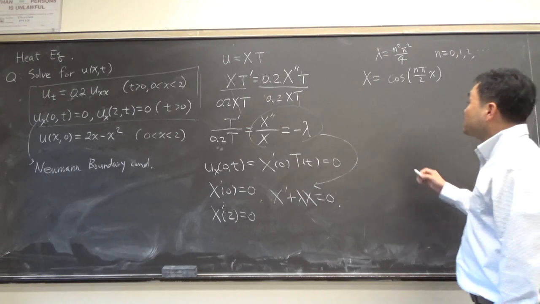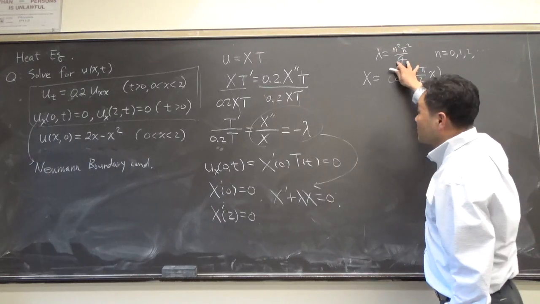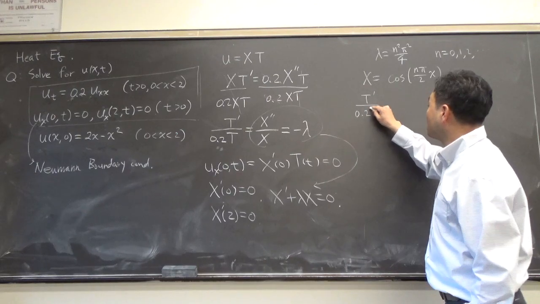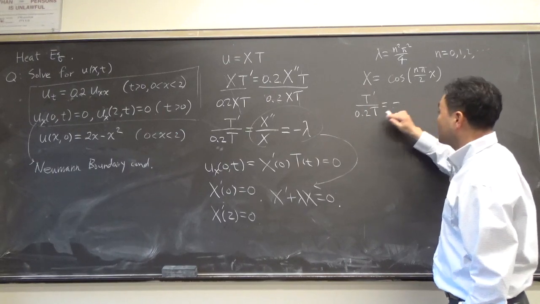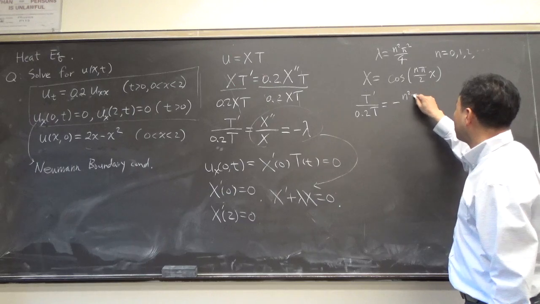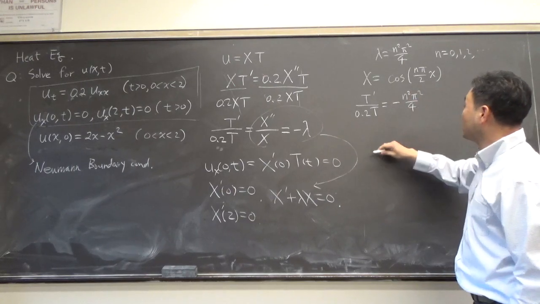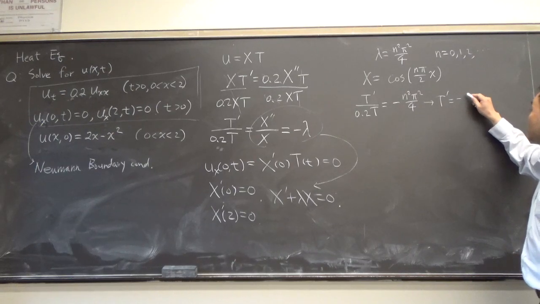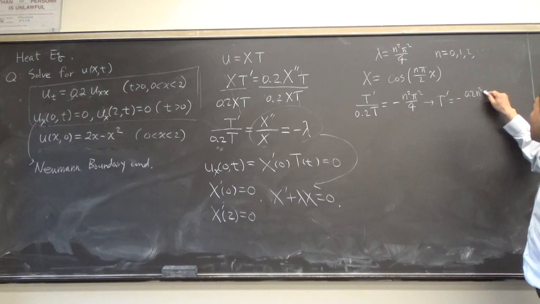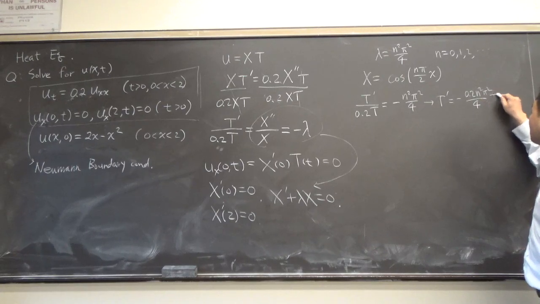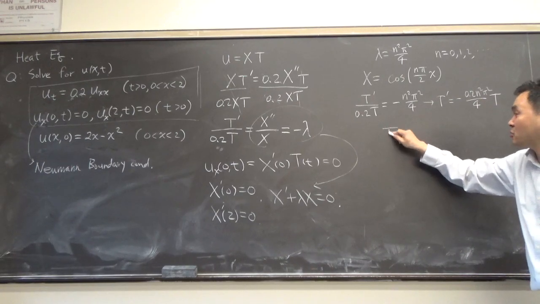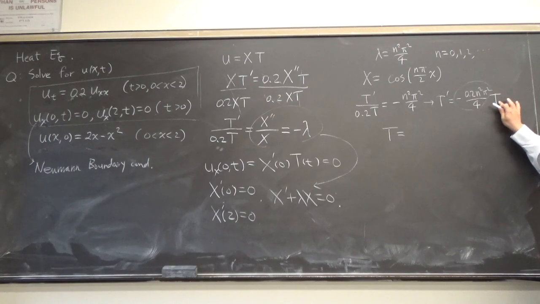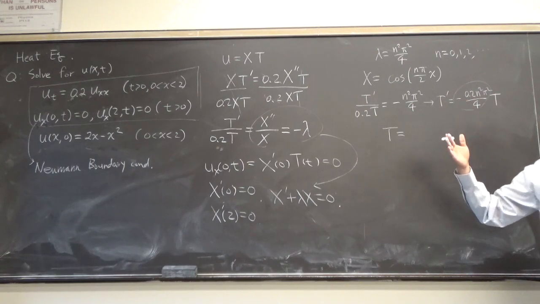Now you plug this back in here, and you get t prime over 0.2t equals negative lambda, and lambda is n squared pi squared over 4, so t prime is negative 0.2 n squared pi squared over 4 times t. What's the general solution for that? If it's some constant times t equals t prime, those are exponential functions, right?